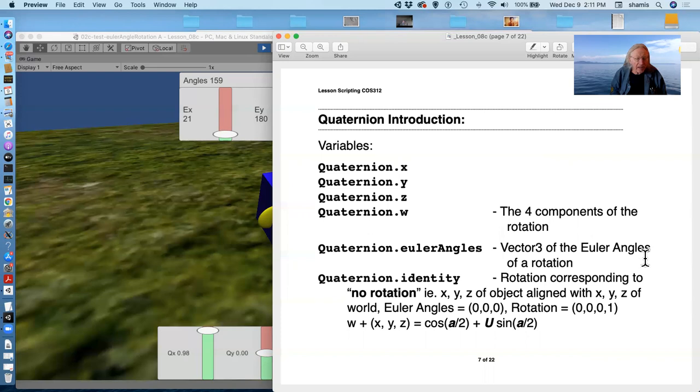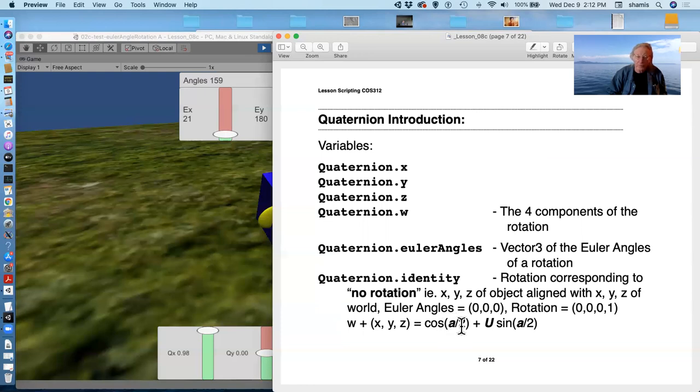There's the quaternion identity, which is a rotation that corresponds to no rotation. That is the x, y, and z axes of the object, the right, up, and forward directions of an object, are aligned with the X, Y, and Z of the world, in which case the Euler angles are all 0, and our quaternion identity is 0, 0, 0, 1. 1 is the W, that's the cosine of angle 0 over 2.